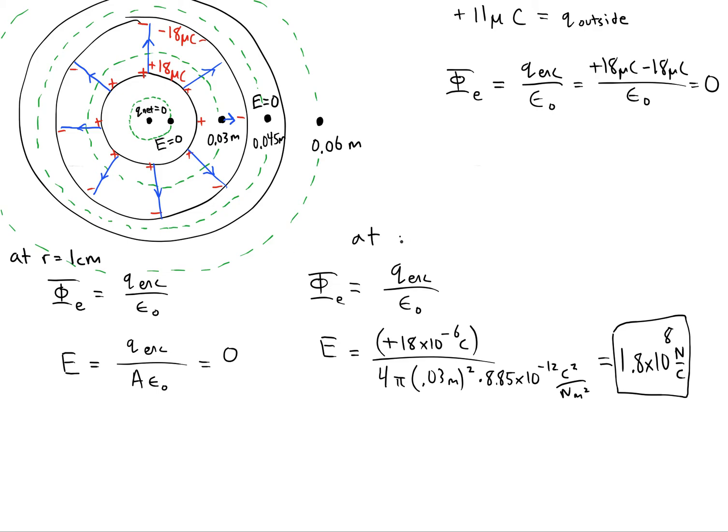This is at r equals 3 centimeters. And this one's at r of 4.5 centimeters. Let's do one last calculation at r of 6 centimeters. To get the charge enclosed, we could add all the different charges that we had found. That's one way to do it.